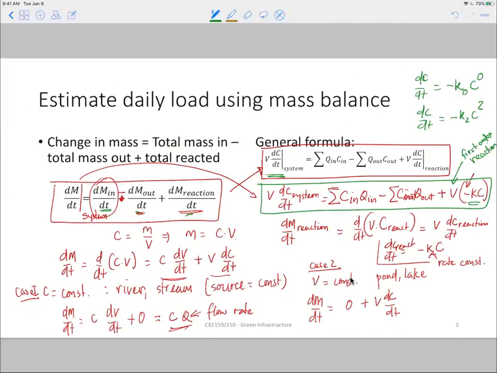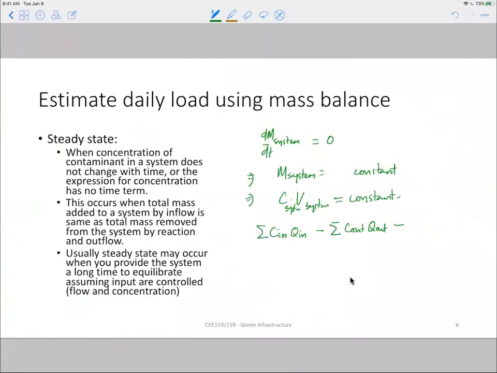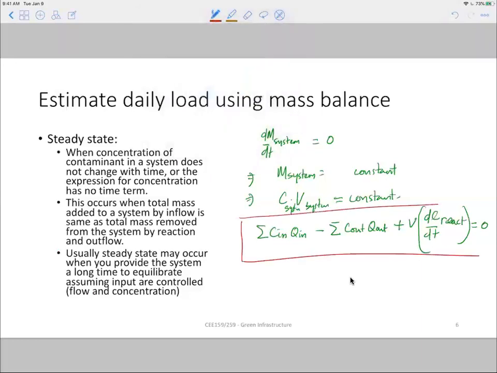Then the reaction term over here, I'll just change that to dC reactions. You can write this one for first order, second order, or zero order reactions based on the type of reactions, is equal to 0. So that's your steady state equation, the generic equation for any mass balance.